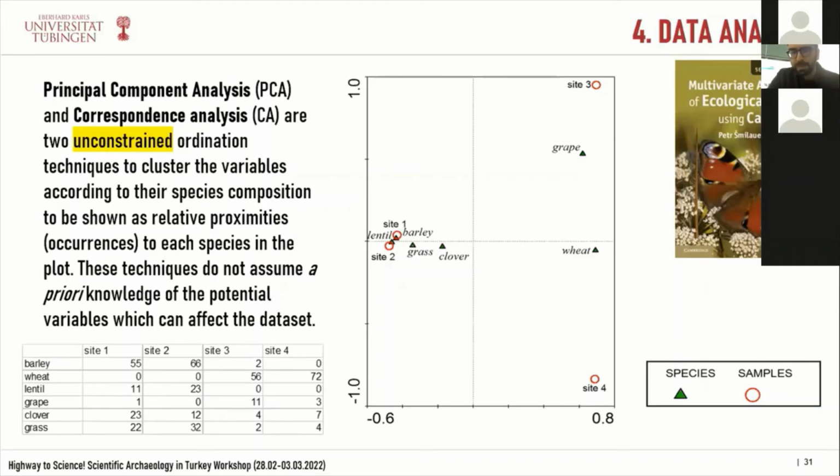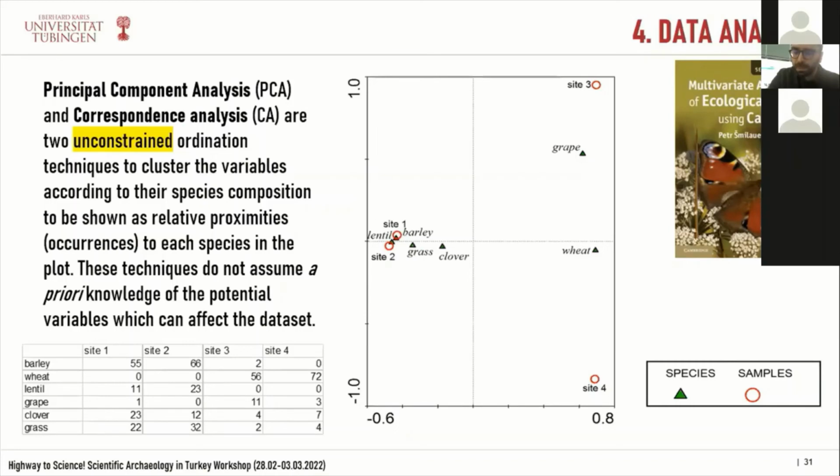For that reason, we are mostly using a type of analysis called correspondence analysis, and this is an unconstrained ordination technique, which means that you are not putting any constraining agent inside your data set beforehand. These constraining agents could be time, environment, or different types of groupings, you know.